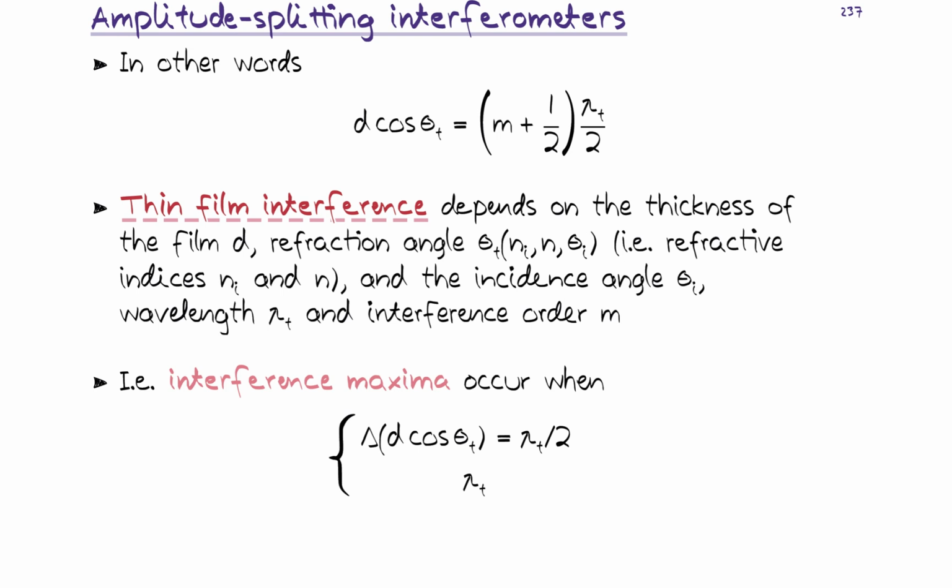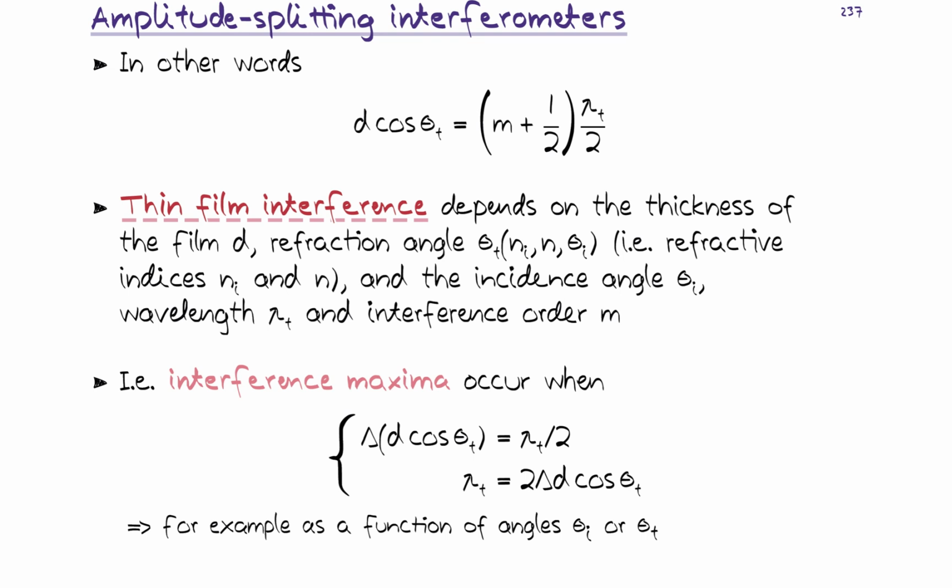Another way of putting this is that we can solve this with respect to the wavelength lambda t. So lambda t equals 2 times d times n_t times cosine of theta t. So now, for example, the wavelength can be seen as a function of theta i or theta t, or as a function of wavelength, we have a constructive or destructive interference.